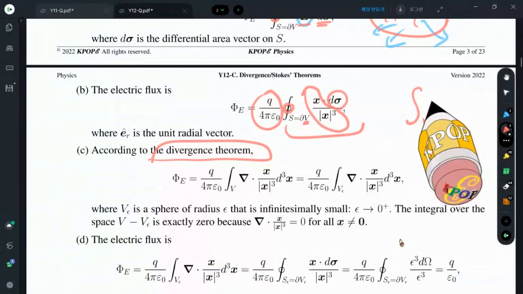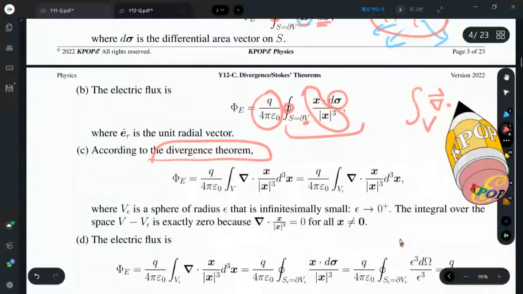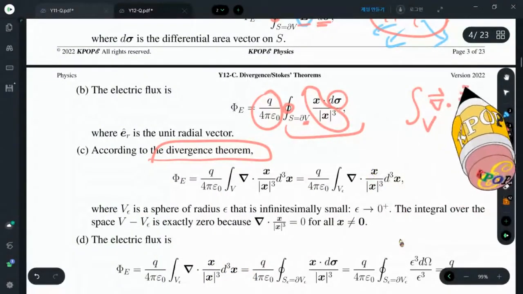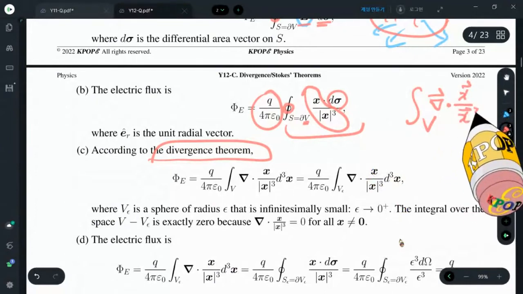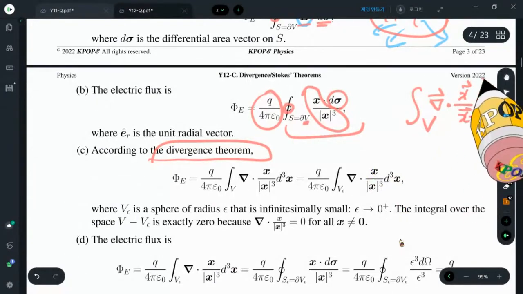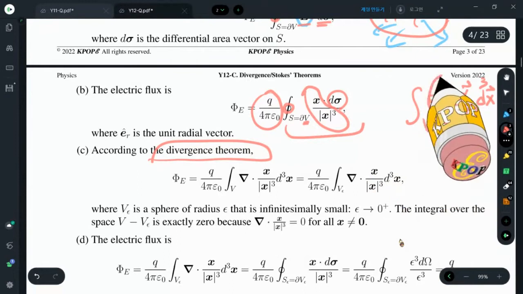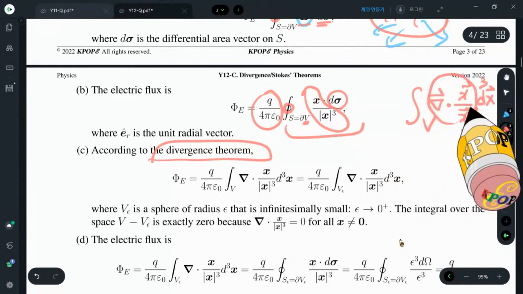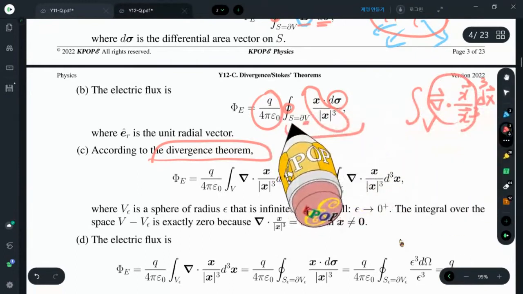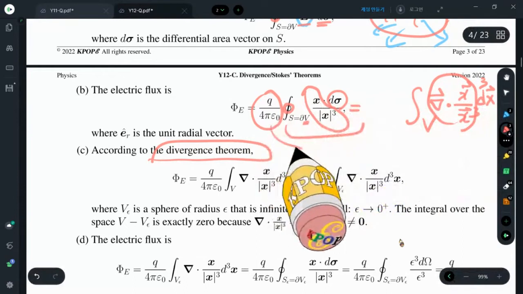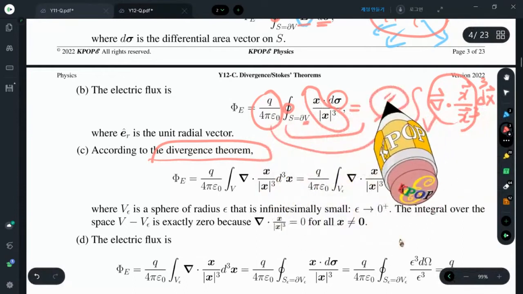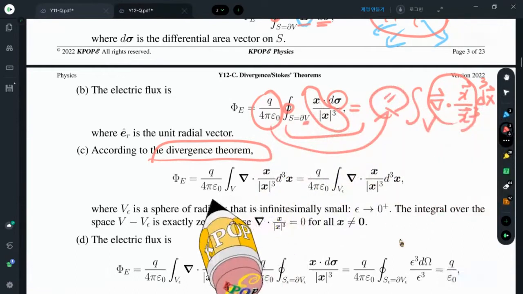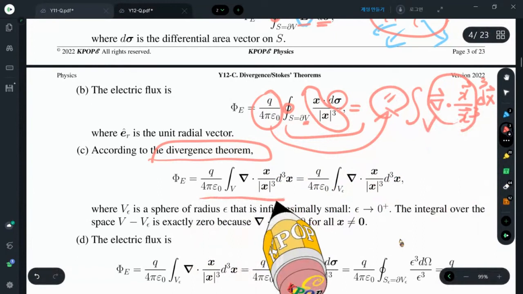Volume integral of what? Volume integral of the divergence. Replace with the volume. Okay? The divergence volume integral is the same as the surface integral. You need to copy the coefficients. So the answer is this.